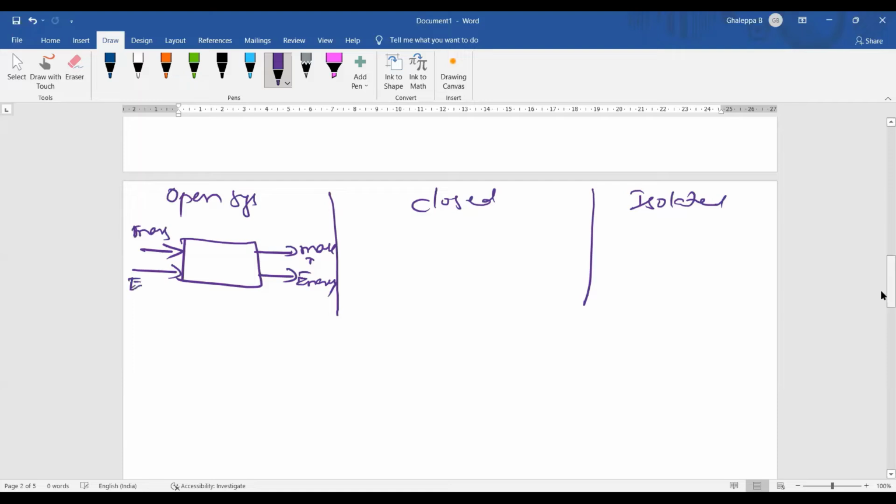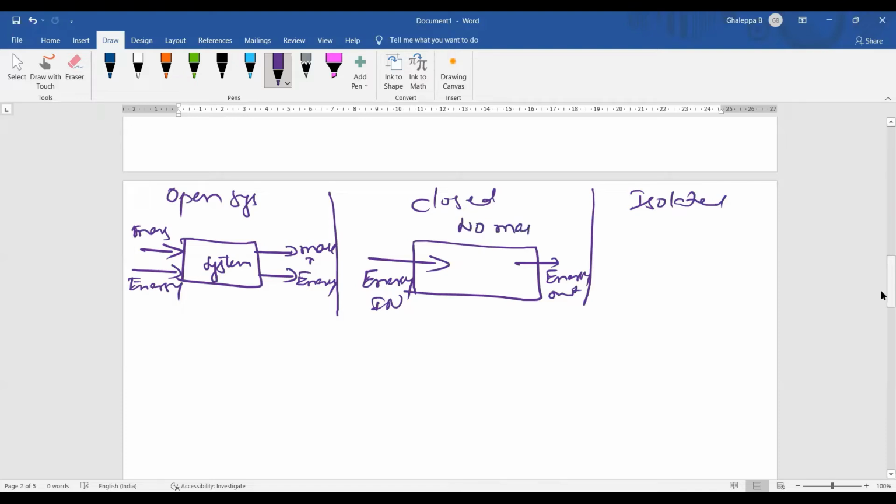This is an open system. But in the closed system, you draw a square box like this, and you can say only energy exchange, energy in, energy out, but no mass interaction. And in the isolated system, no mass going outside the system, no energy. This is an isolated system.